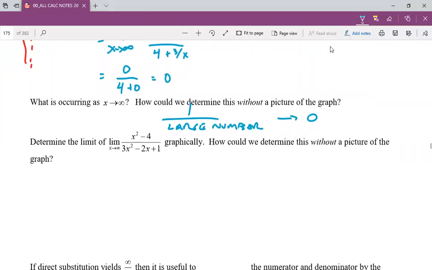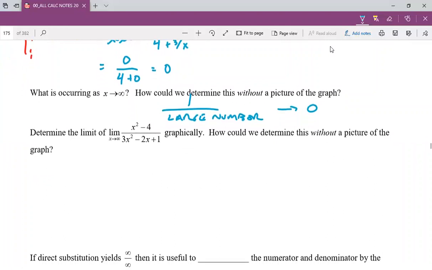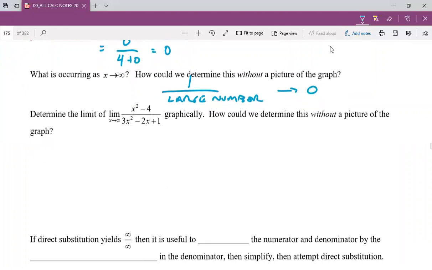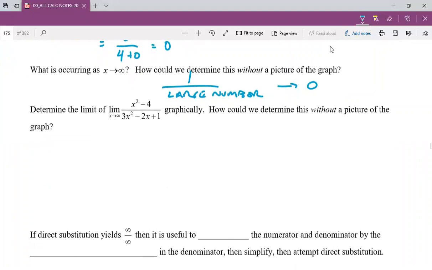Next one says, okay, so then what about if we determine the limit as x goes to infinity of x squared minus 4 over 3x squared minus 2x plus 1? How can we determine this without a picture of our graph if we have the limit as x goes to infinity of x squared minus 4 over 3x squared minus 2x plus 1?